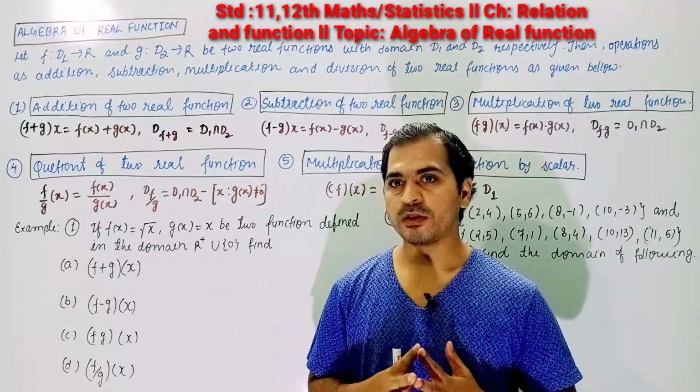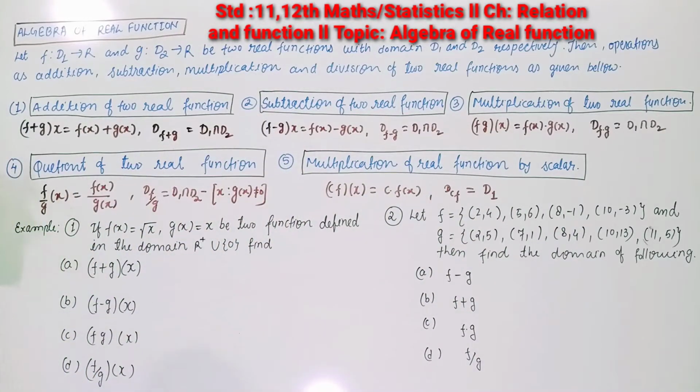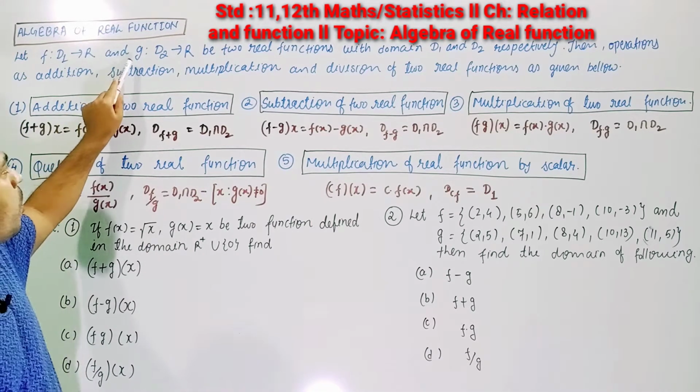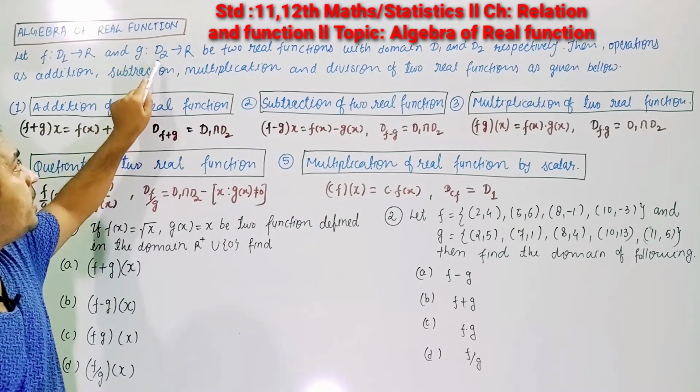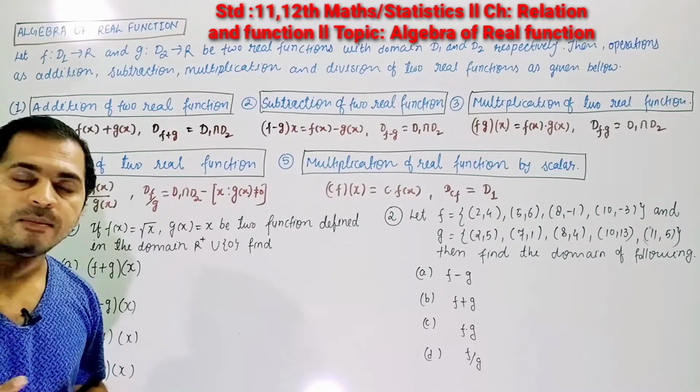Okay students, first of all let me see over here. Let the function f1 have domain d1, defined over R, and the other function g have domain d2, also defined on R. R means what?